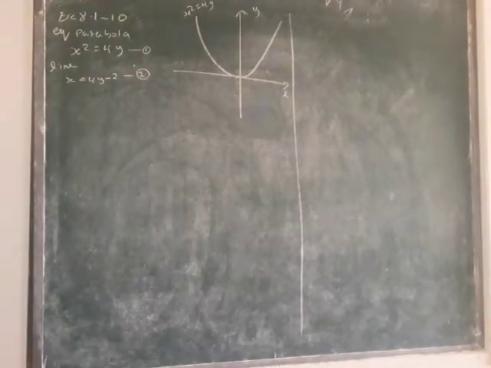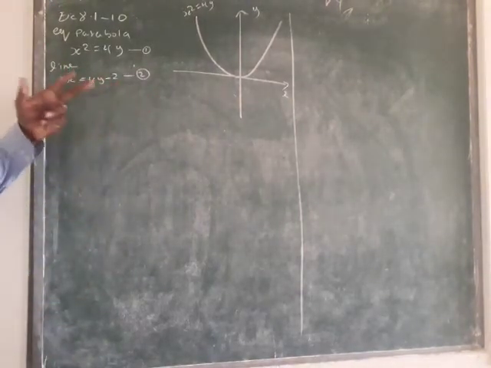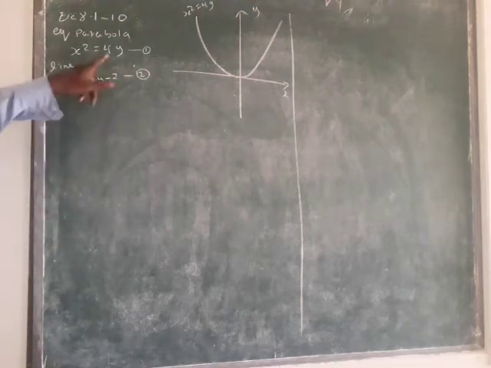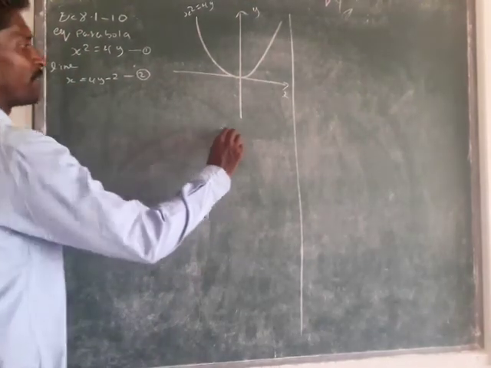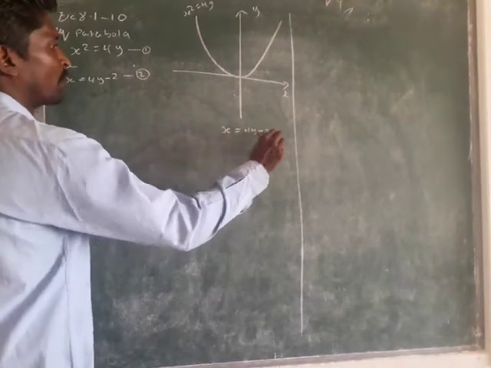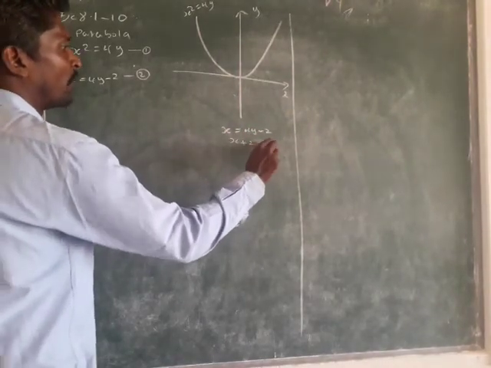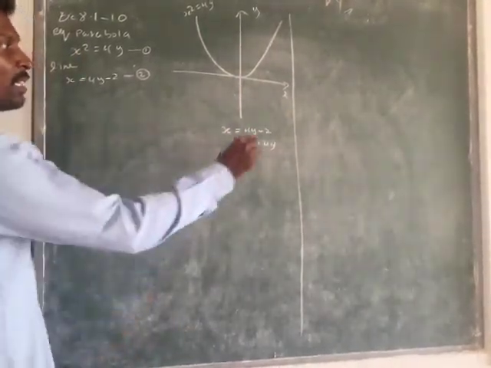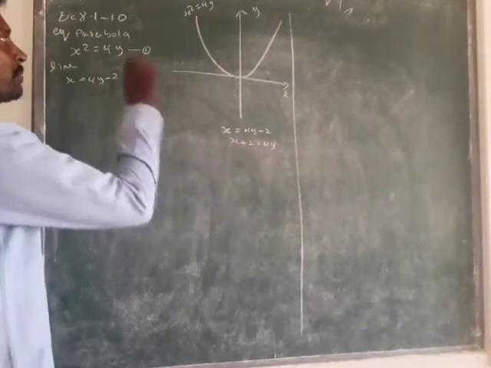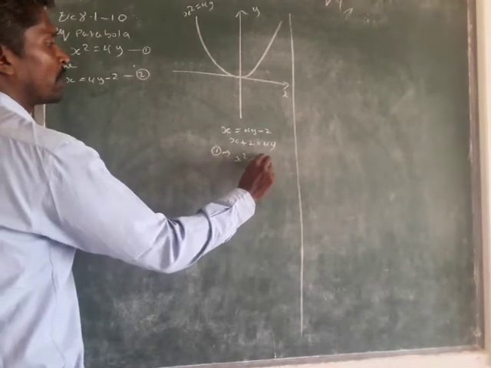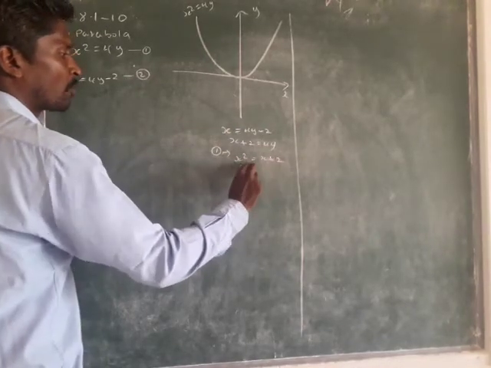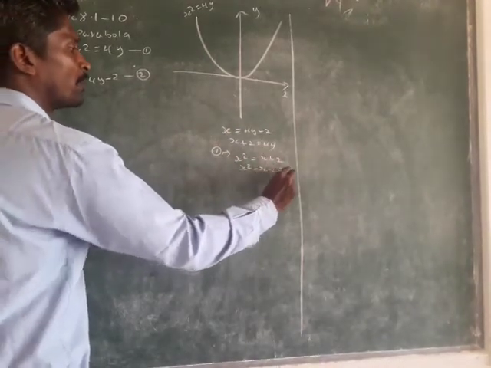Next you want to find the point of intersection of the parabola and the line. Here 4y is there, so I bring the term in x. The equation of the line gives x plus 2 equal to 4y. Then instead of 4y, substitute from equation 1: x squared equal to x plus 2, then x squared minus x minus 2 equal to 0.